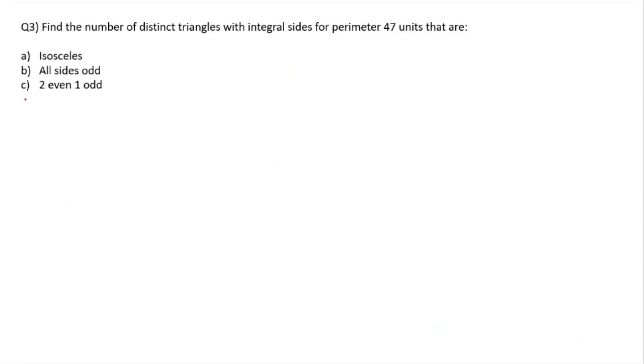this question. So before we start with this question, there is a set of very standard formulas for the number of triangles with integral sides for a given perimeter. So if P is even, the number of distinct triangles with integral sides, obviously if you allow fractional sides, then there are infinite triangles. For integral sides, if P is even, then the number of triangles is P square by 48.